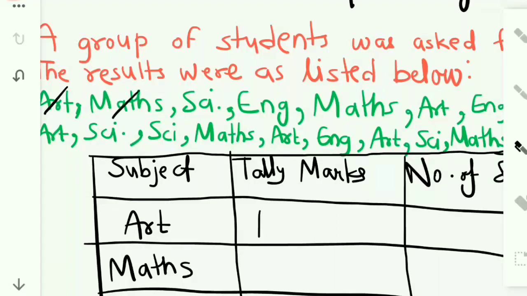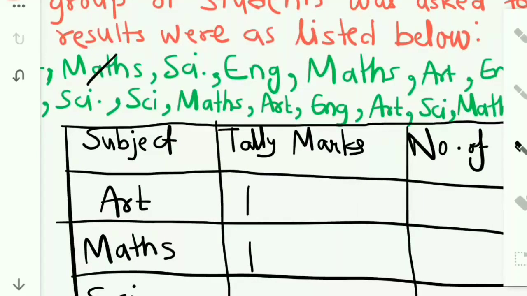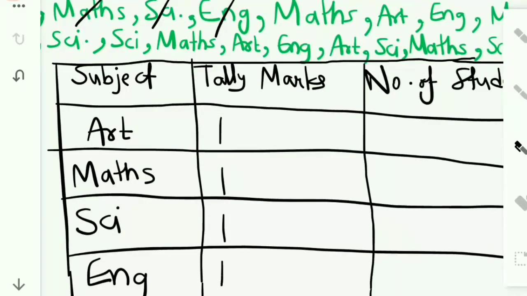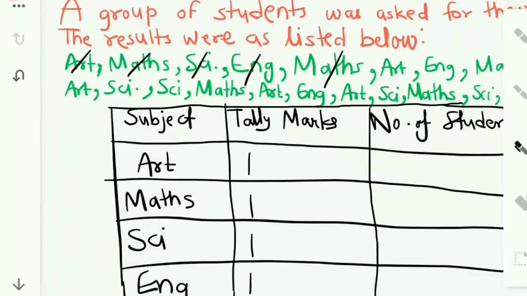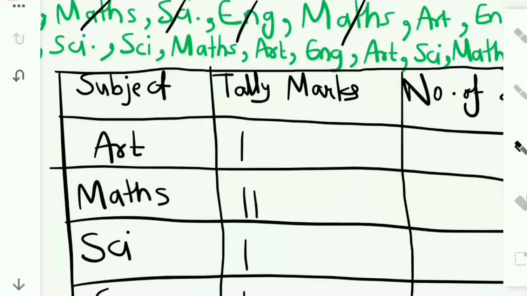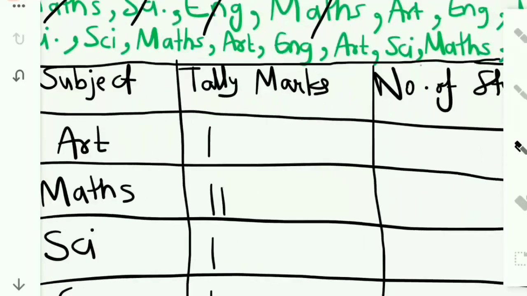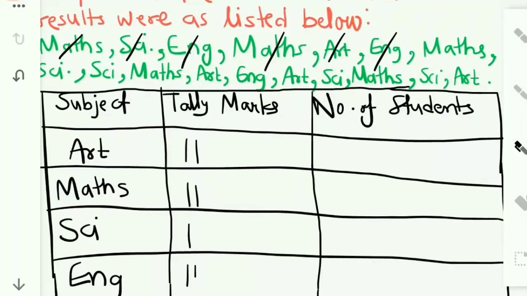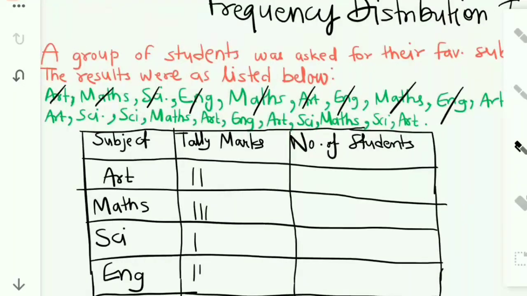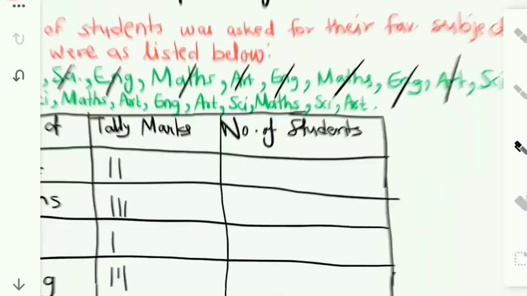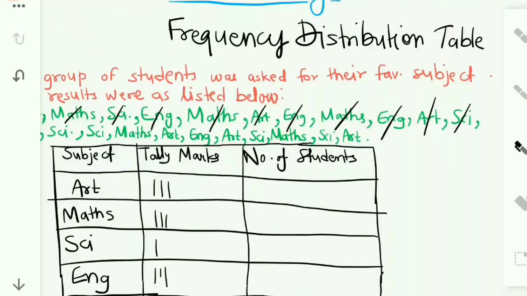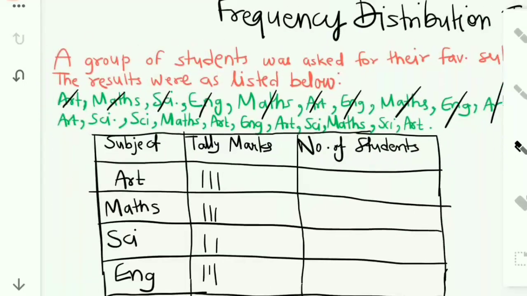And after that is maths, 1 line here, science, 1 line here, English, 1 here. Then maths again, so we add another line to maths. Then art, English. In this way, we add lines. We are cutting the subjects out of the list so that we don't lose track of the list.